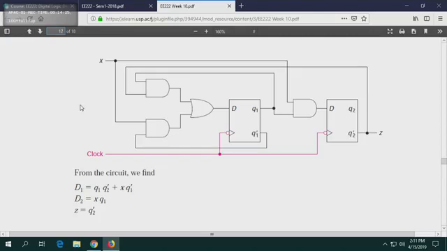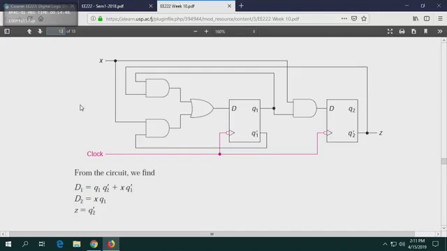The first will have 0, the second 0, the third 1, and the least significant will store 1. Each flip-flop stores 1 bit. So 0, 0, 1, 1, that's a 3.